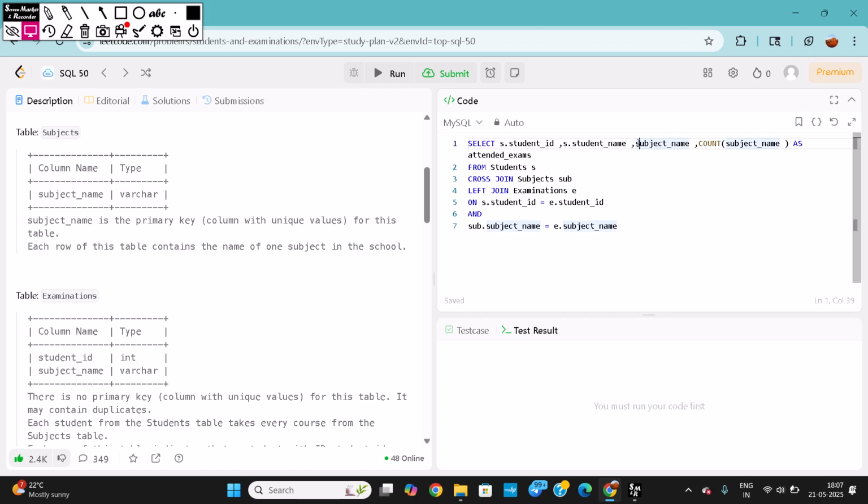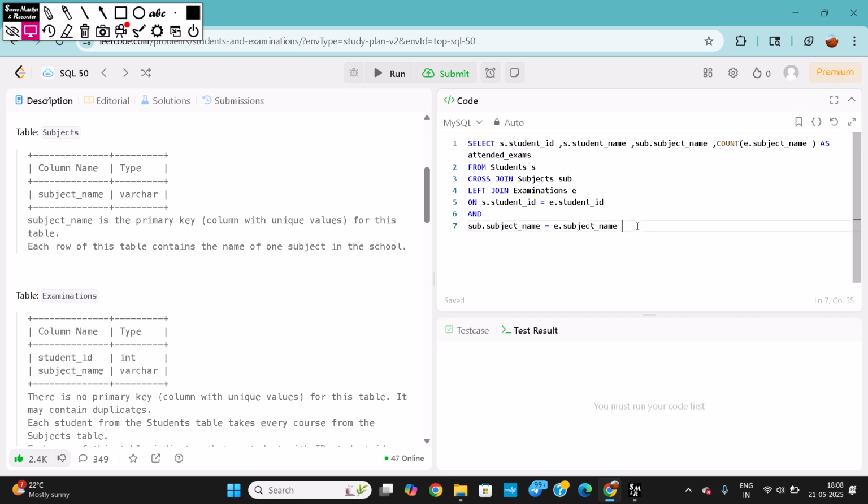So I'm going to write sub dot subject name, and as well as the count of the subject, we also have to mention how many times he attended the exam. So that means from the examination table it should be a count, right? So I'm going to write count of e dot subject name as attended exams.